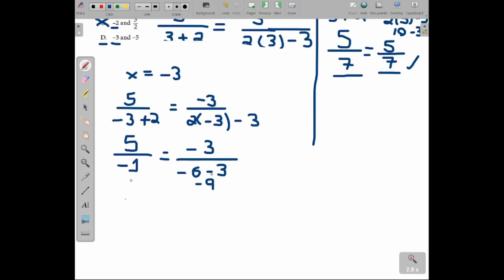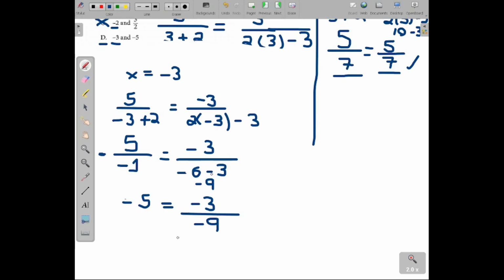So let's solve this fraction. 5 divided by negative 1 is the same as negative 5, because this sign should be here. And any number divided by 1 is the same number. Equal to, we have negative 3, and we said that the denominator is negative 9.